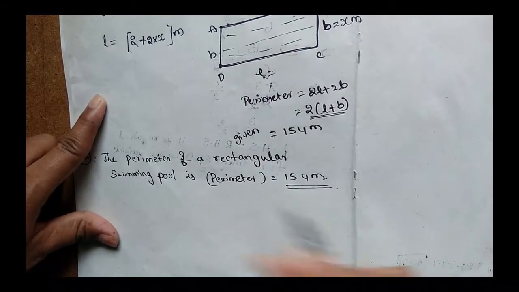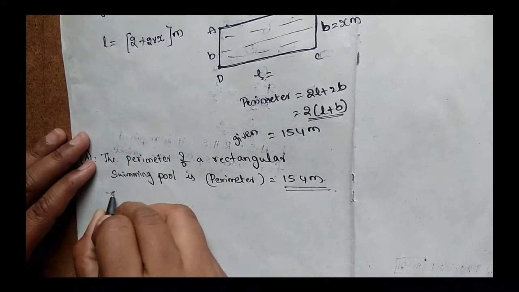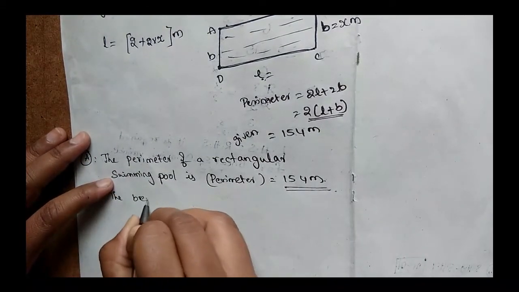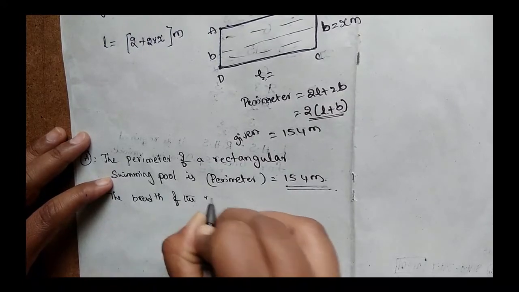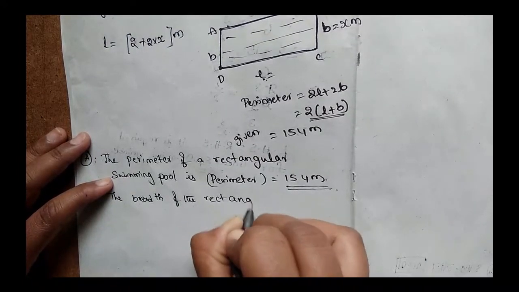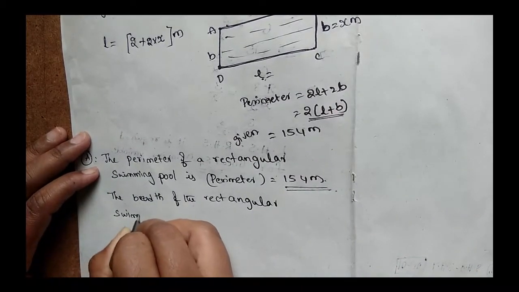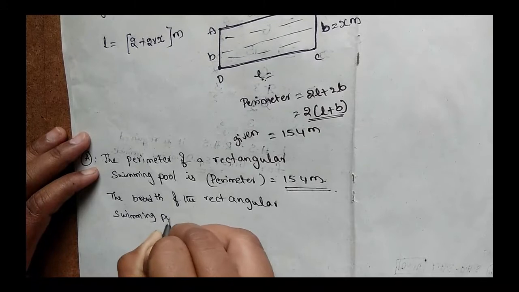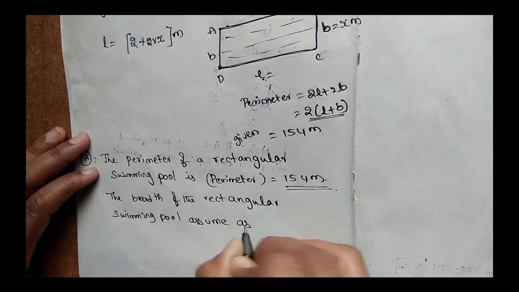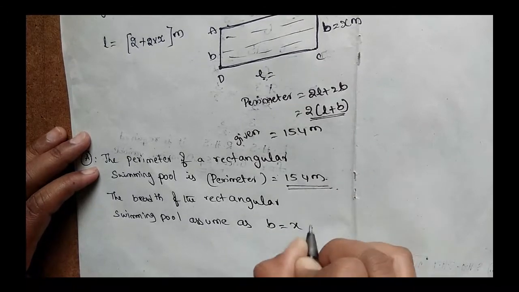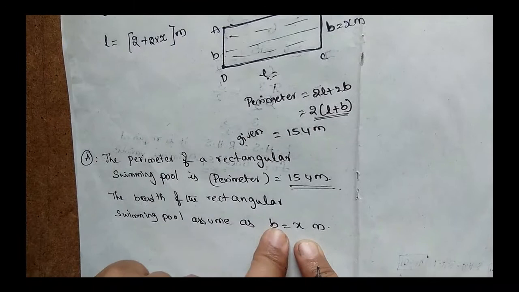We get 1. Next, second one. The breadth of the rectangular swimming pool, assume as B equal to X meters. Here we are assuming like this, so I wrote it like this.